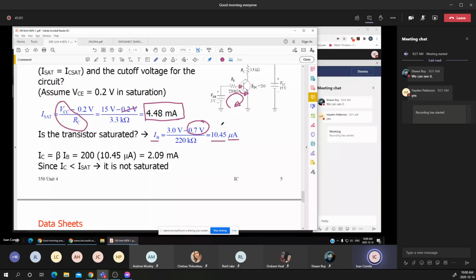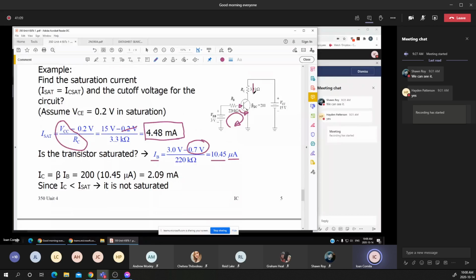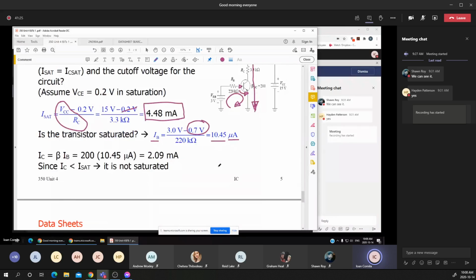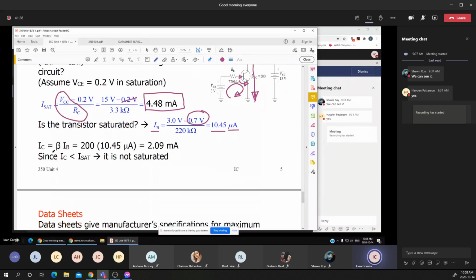I can adjust this small current to control actually 2 milliamps, which is the current on the collector, and we made the assumption that the two currents are equal, meaning that the collector current is the same as the emitter current because the IB is a very small current. Now, knowing the beta of the transistor as 200, and knowing the IB, we can determine what the collector current is.